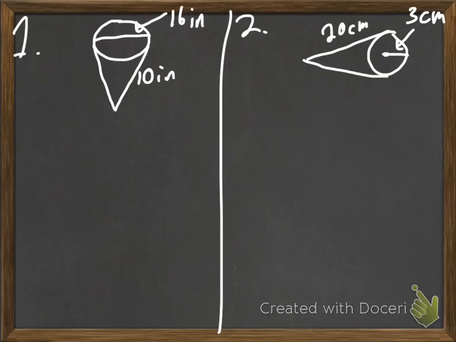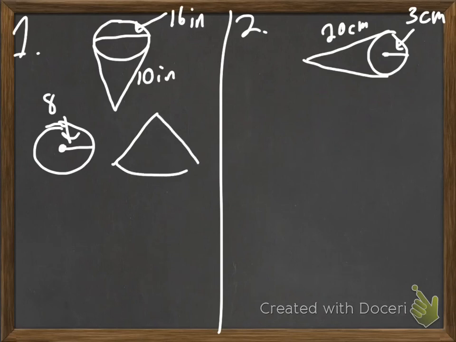Okay, example 1. My base tells me the diameter in the picture, but I know that the radius is going to be 8. Then my lateral area looks like my slant height is 10. My radius is the same, so it's also 8.